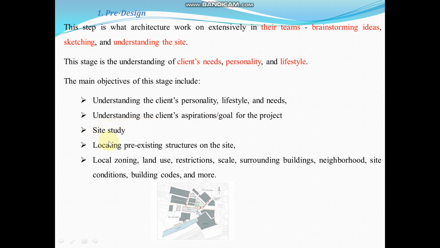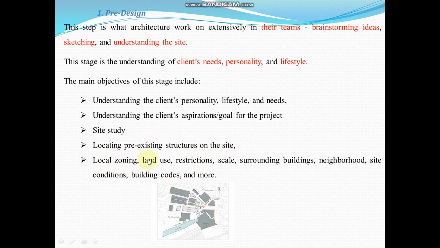The other is site study. You have to make a site study. Where is the location of the site? What are the topography and geological features of the site? You have to know. Locate pre-existing structures on the site. You have to identify and locate pre-existing structures on the site.